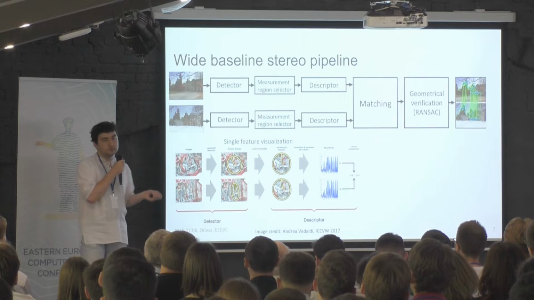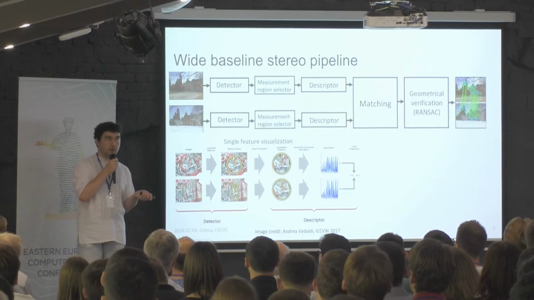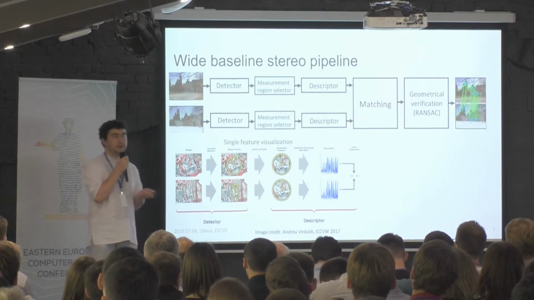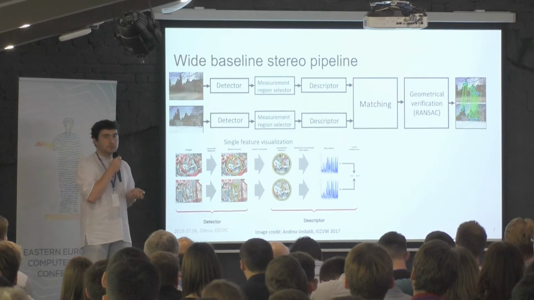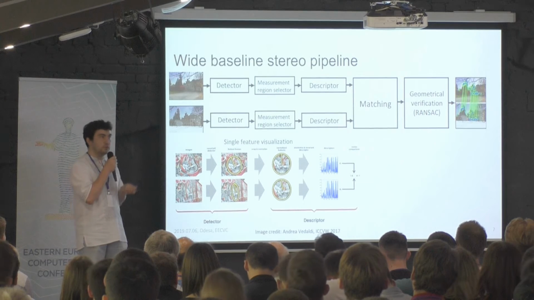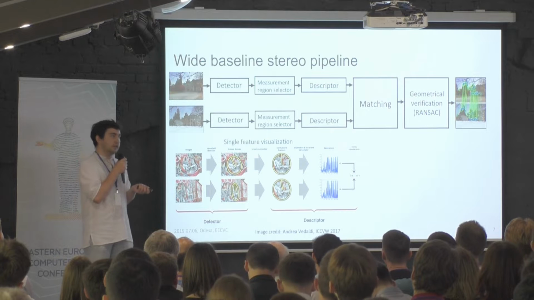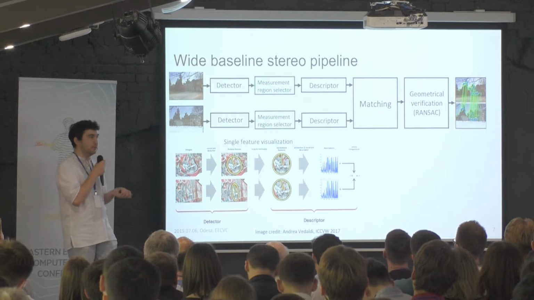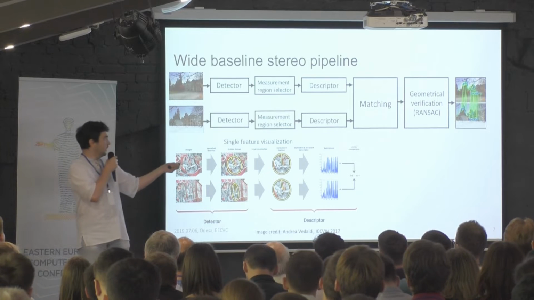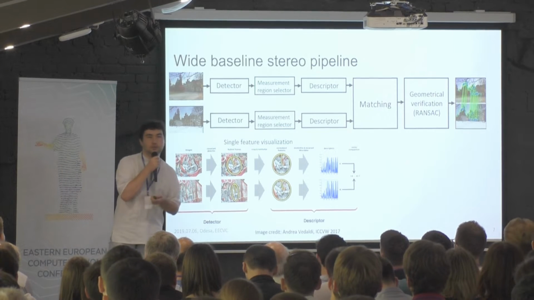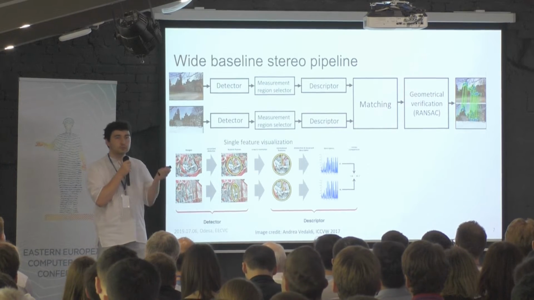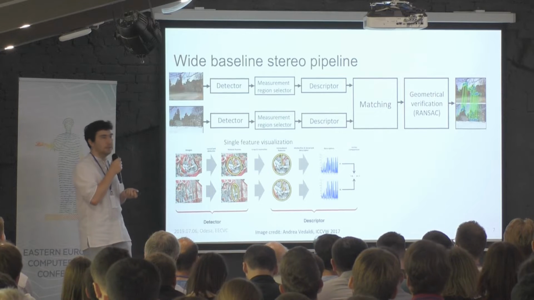Then you compute a descriptor, which is basically converting the image patch to a vector of float or binary numbers. And then you do matching, which is you just calculate the distance between two descriptors or more, and take the one which has the minimum distance, probably it is the match. Then, because it's a noisy process, you do some geometrical verification if you have some model of what you expect to see in the scene, would it be a planar scene or whatever.